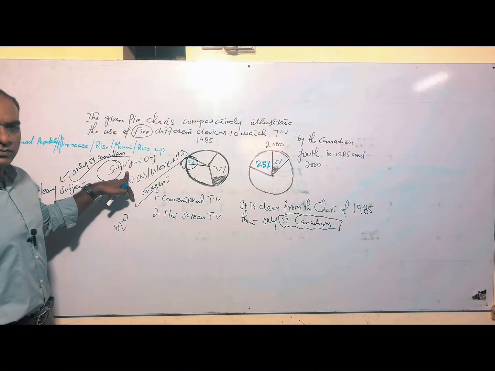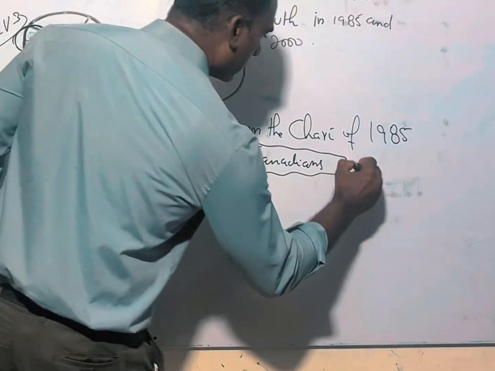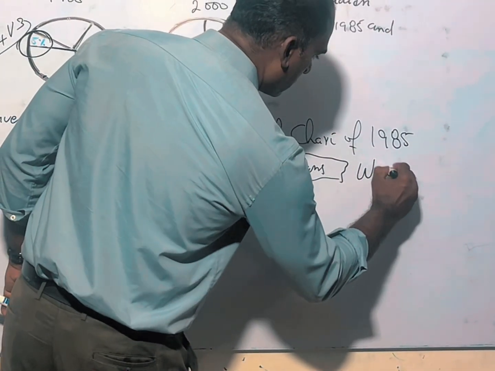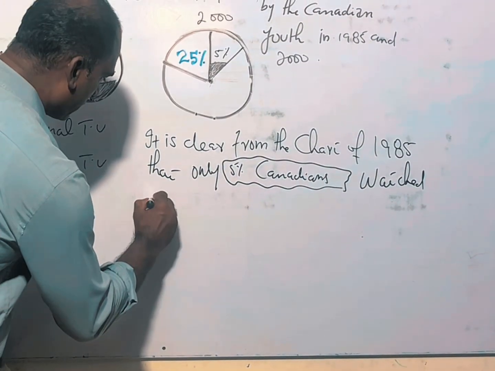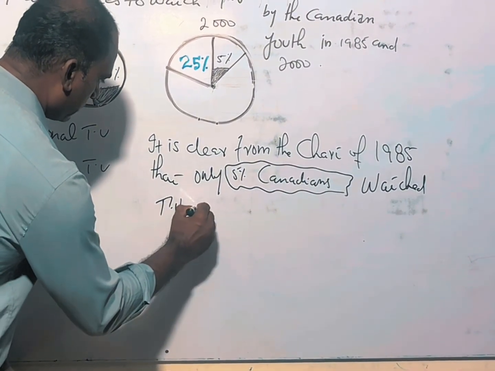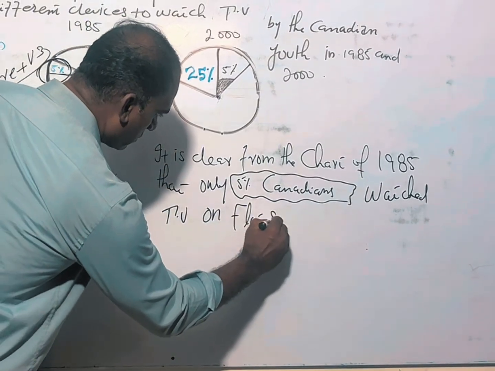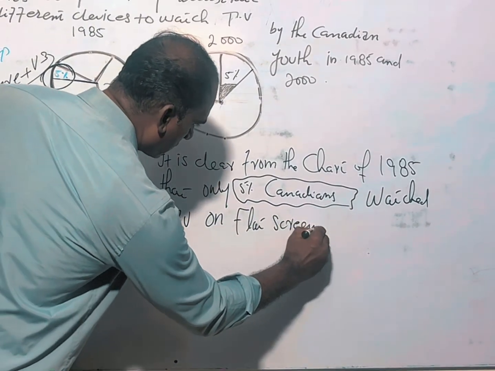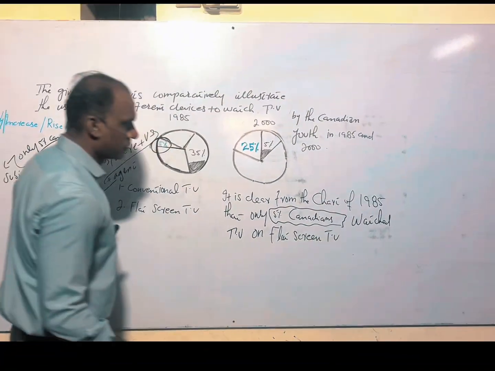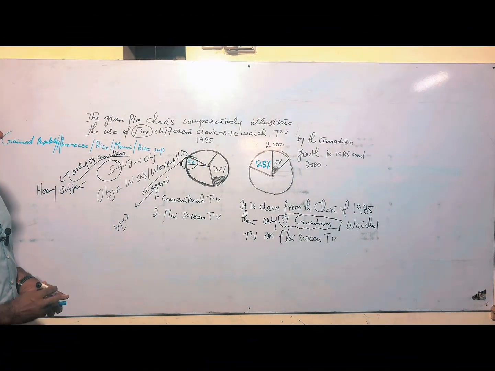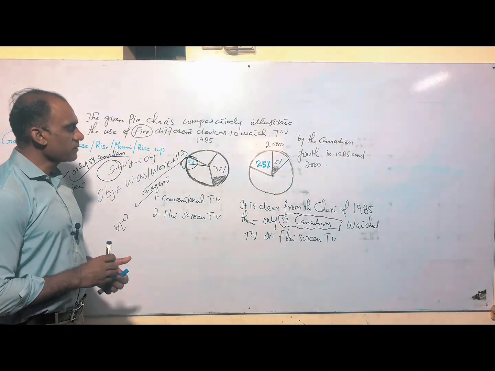Now you have to use V2, watched TV on flat screen TV. Okay, now this is the information regarding 1985.